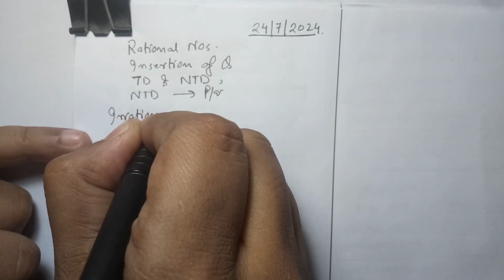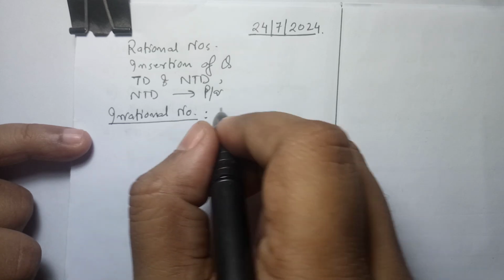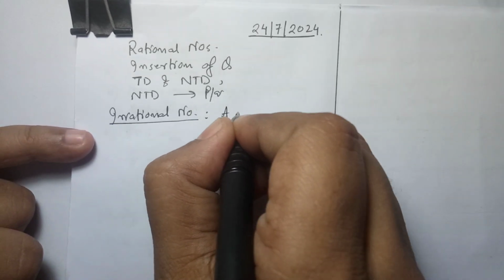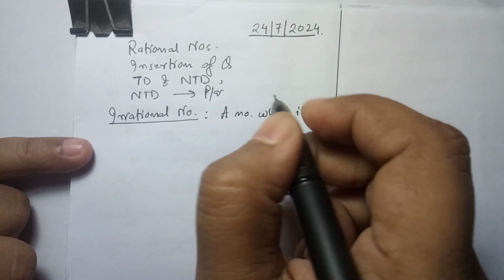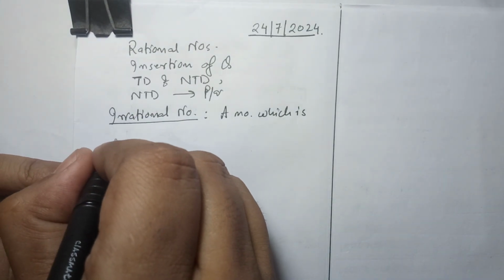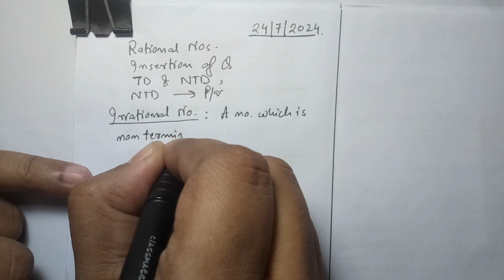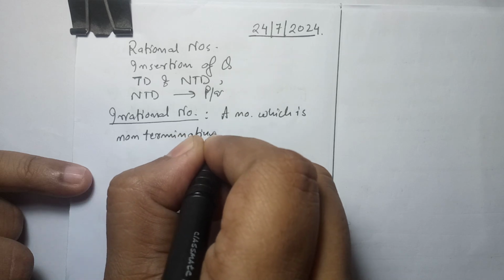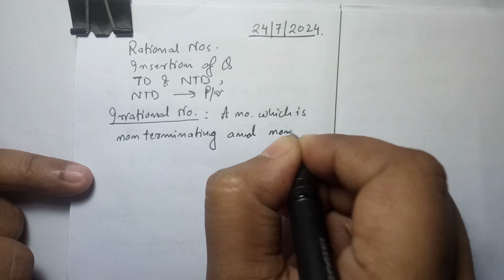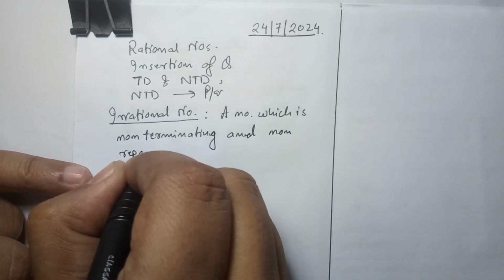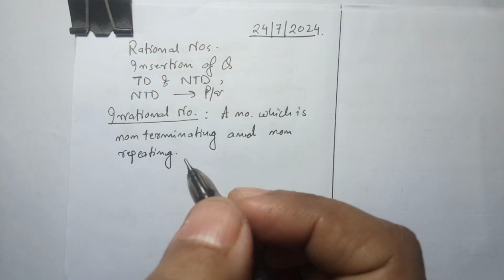Irrational number: a number which is non-terminating and non-repeating, that is called an irrational number.